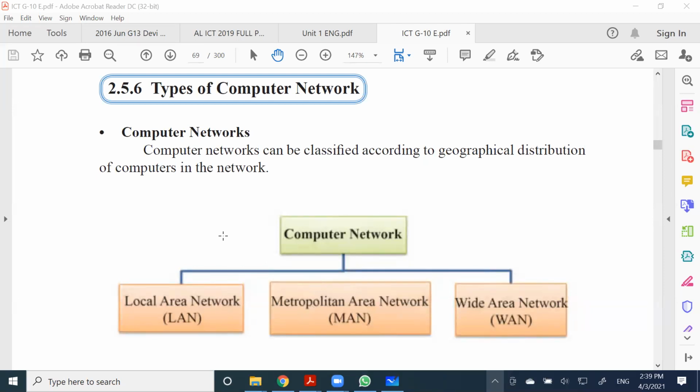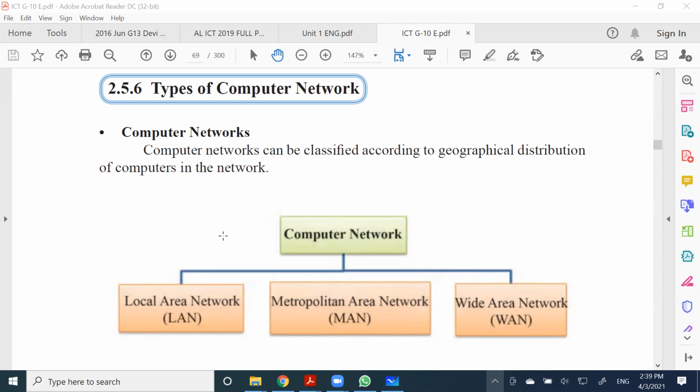We were talking about the three types of networks: local area network, metropolitan area network, and wide area network, based on the geographical area they are spread over. A local area network spreads over a small geographical area, like a small school laboratory. A wide area network spreads over a very big area, and we can take the internet as the example, spread over the globe.